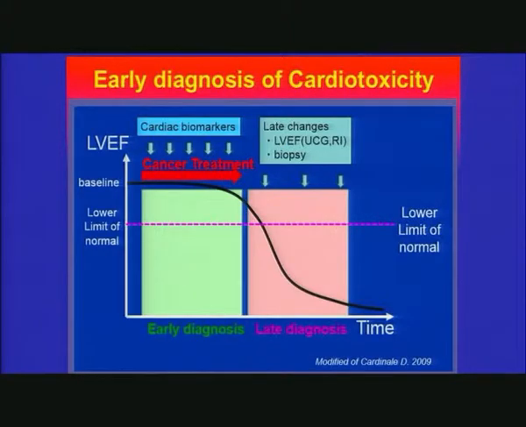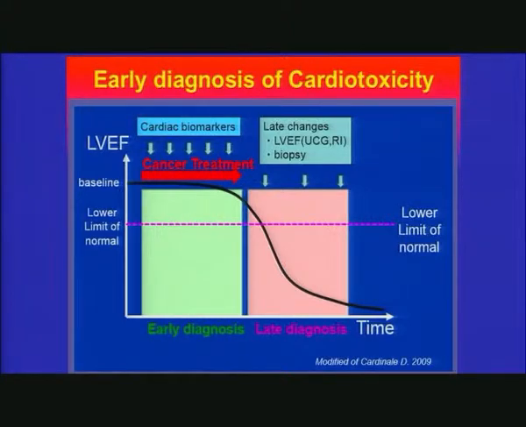So as a clinical practice, we need the collaboration of the oncologist and the cardiologist. And early diagnosis of cardiotoxicity is very important. At present, ejection fraction by echo is the most useful.